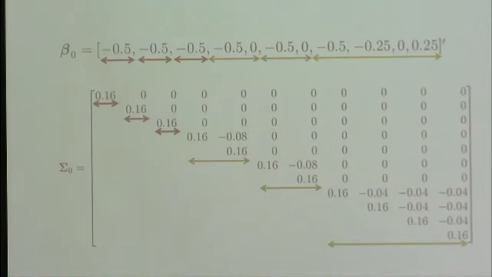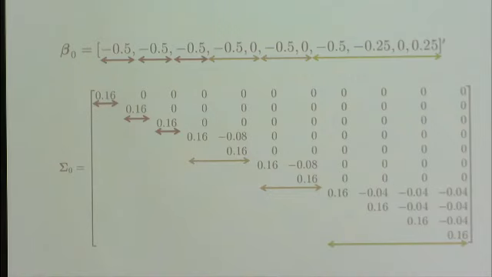The first 3 numbers are the prior means for the 3 betas corresponding to the 2-level attributes. The next 4 numbers are the prior means for the betas corresponding to the 3-level attributes. And then the final 4 numbers are the prior means corresponding to the 4 betas for the 5-level attribute.